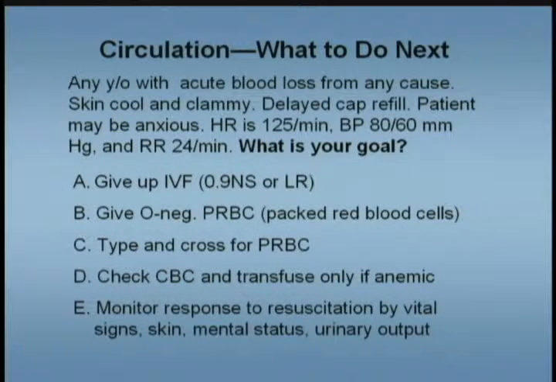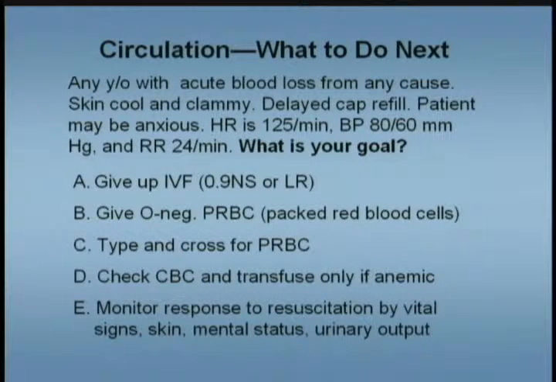They're going to tell you in the first part of the question, they're going to give you some clues that the patient's getting shocky. They're going to tell you that the skin is cool and clammy, all right? They're going to tell you that the patient has delayed capillary refill, all right? Patient's going to be anxious typically. Anyone that's hypoxic gets anxious.